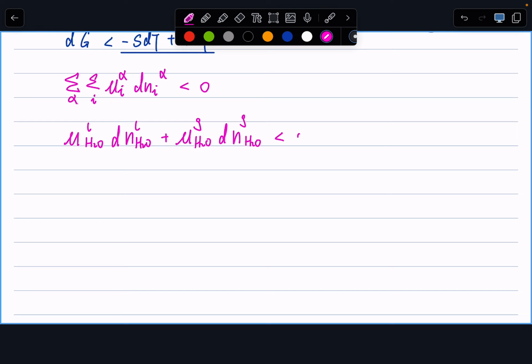And this is smaller than 0, right? This step is just writing out the double summation. Nothing mysterious.